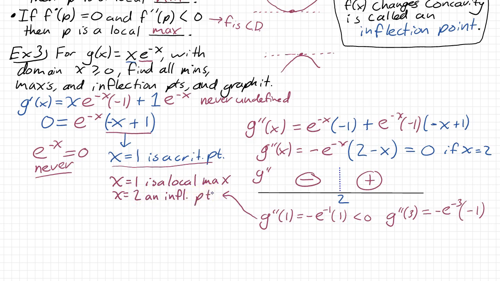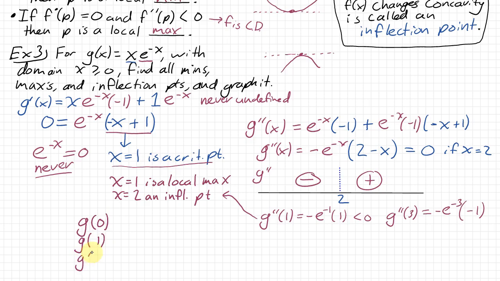So that's actually enough to graph it at this point, except we should get some y coordinates of the original function so we know what it looks like. So let's get g of 0, because that's one of the endpoints, and g of the critical point, we're going to need that.